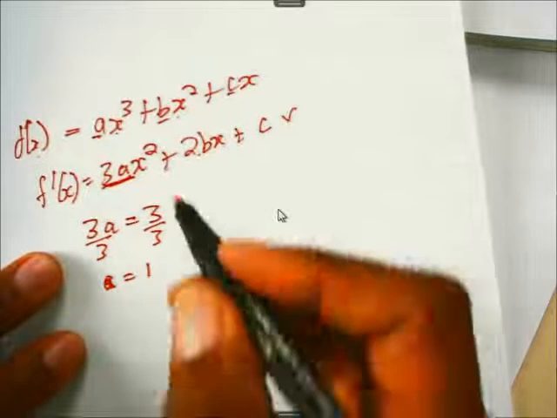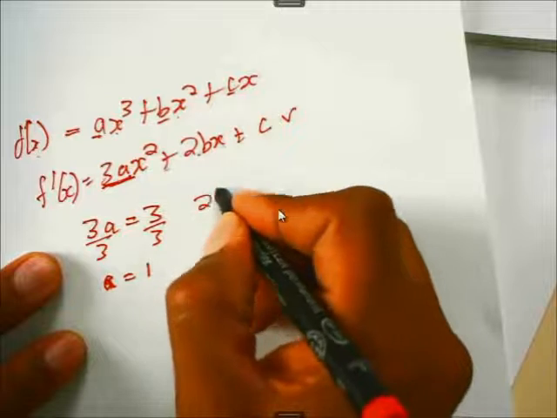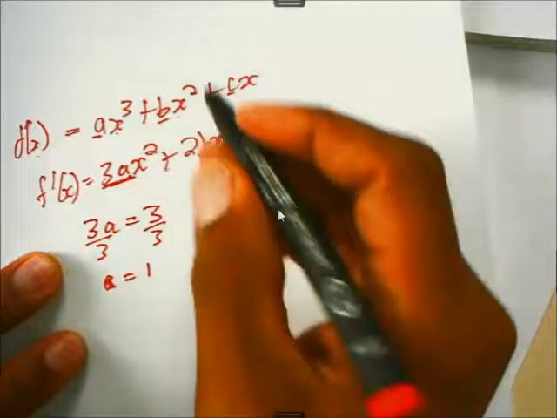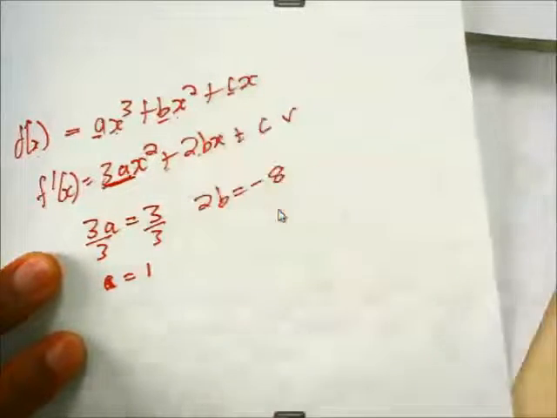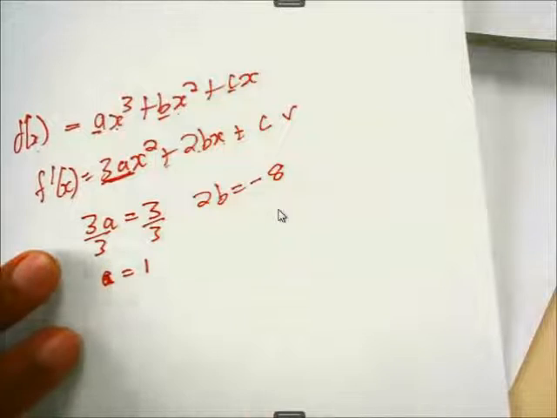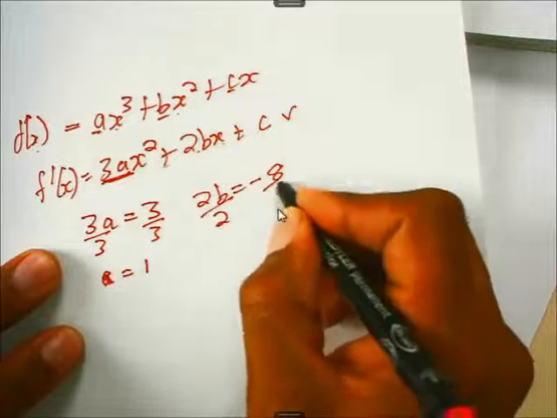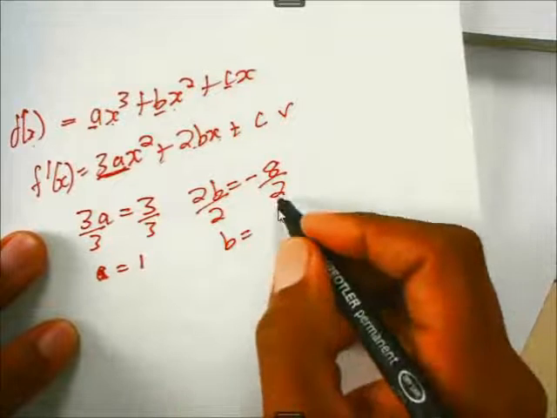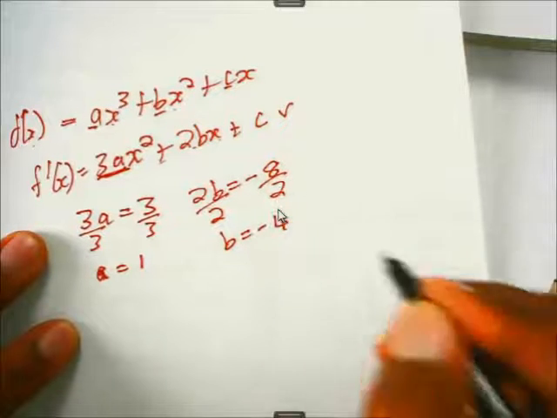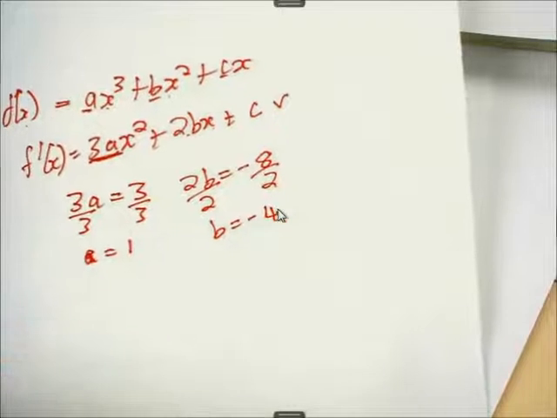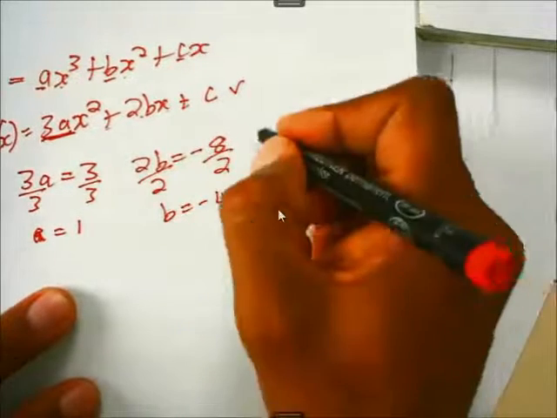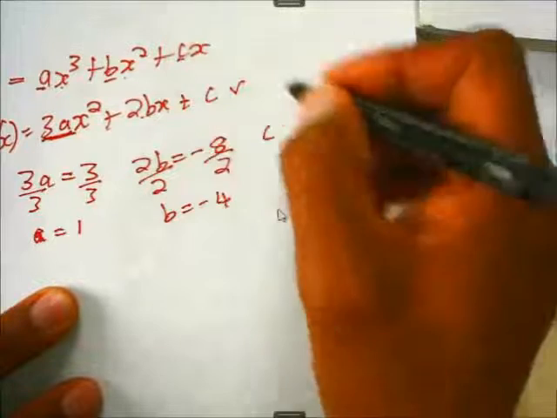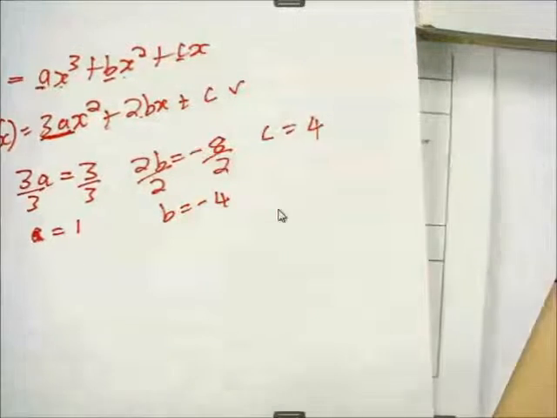And now you go to the second one, right? 2b is equal to negative 8. And then from here, you divide by 2, and therefore b is equal to negative 8 divided by 2, that will be negative 4. Is that correct? Yes. Of course, the last one then will be c. Now c here is equal to positive 4.